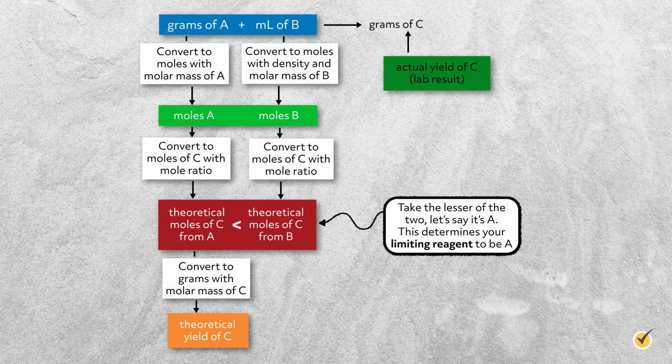Using those values, we identified the limiting reagent and converted from moles of product to mass of product. This is our theoretical yield. Third, knowing both the actual and theoretical yield, we then calculated the percent yield. This is the general flow that you'll use to calculate the percent yield for any reaction.